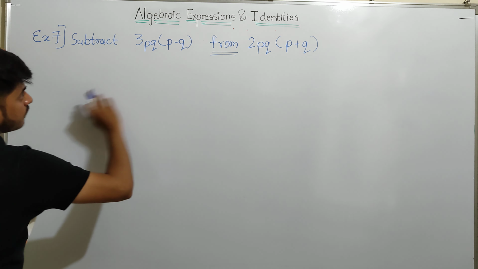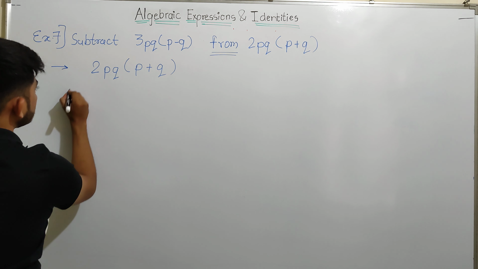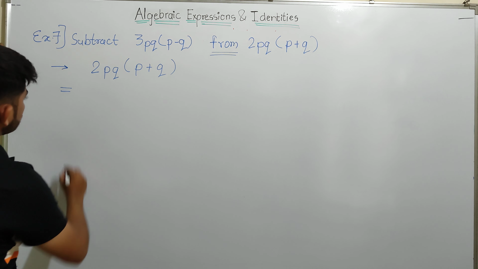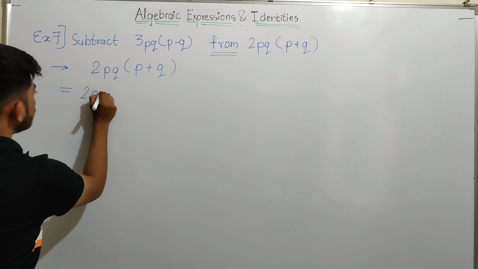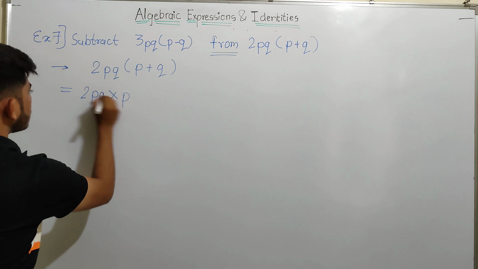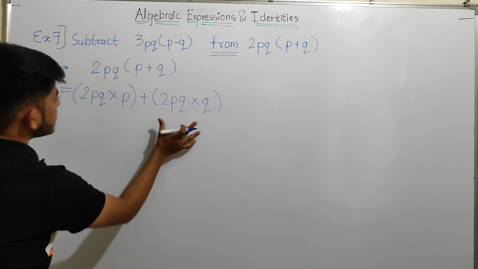So we'll write these terms first. 2pq(p + q). With respect to the distributive law, 2pq into p, the first bracket, plus as it is 2pq into q in the second bracket.